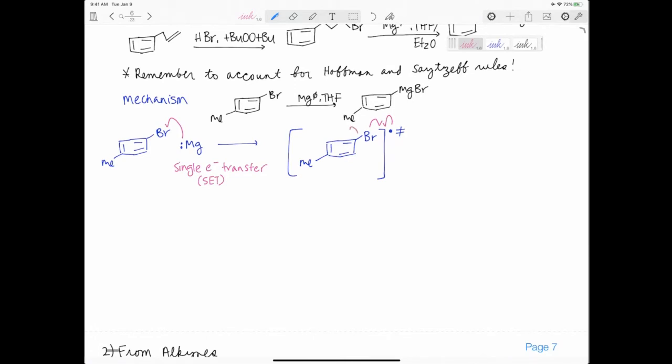At the same time, it's going to push itself out of the molecule and give 1 electron to the phenyl group. So what we have here is a methyl, and with the 1 electron right here, with bromine as a nucleophile. This is where magnesium is going to come back in.